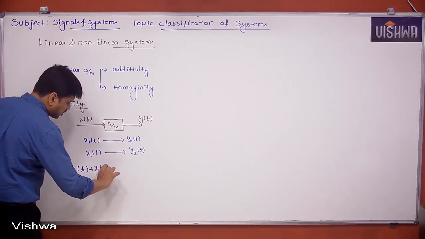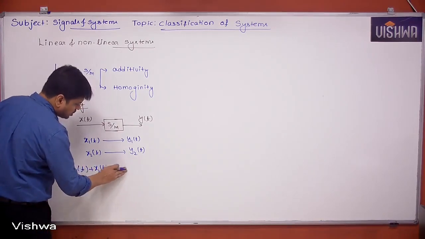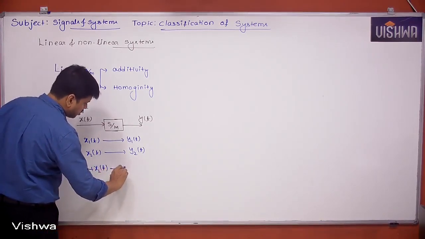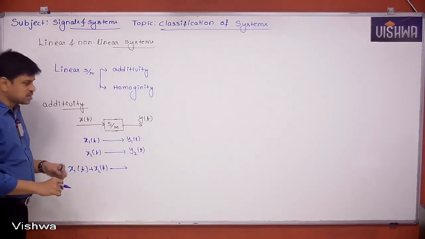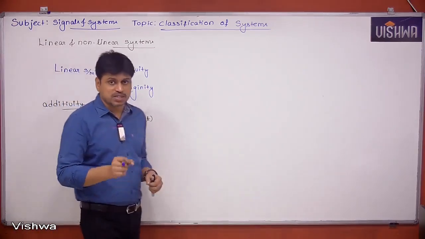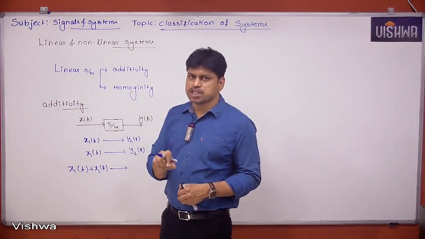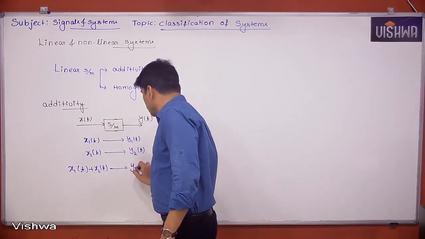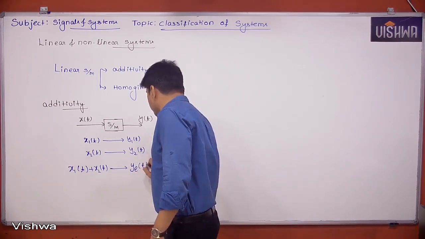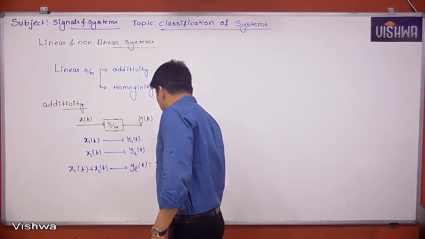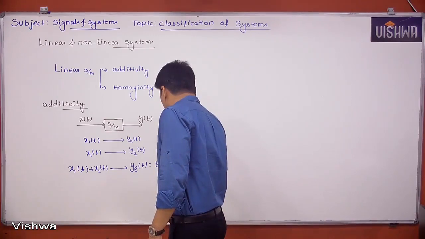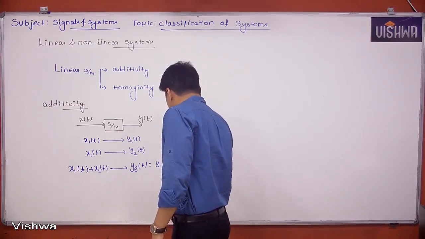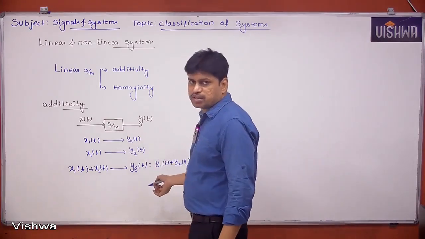The sum of the two signals if I take, then what is the output you are expecting? That means if a system obeys the additivity principle, then the output should be in this form. That means this is what we are expecting. It may be, it may not be. This must be y1 of t plus y2 of t. Actual output may be different or may be the same.